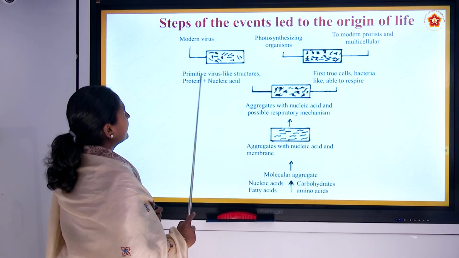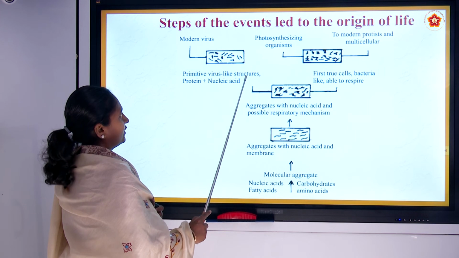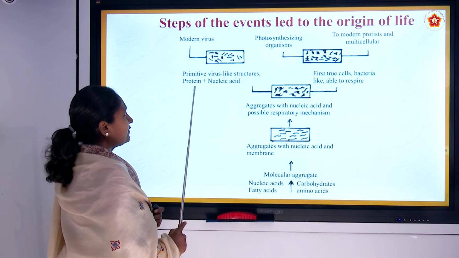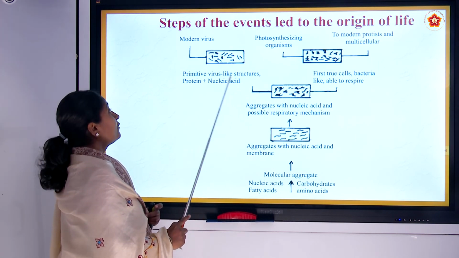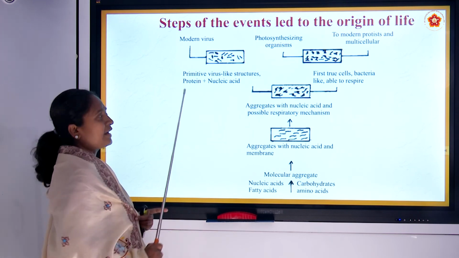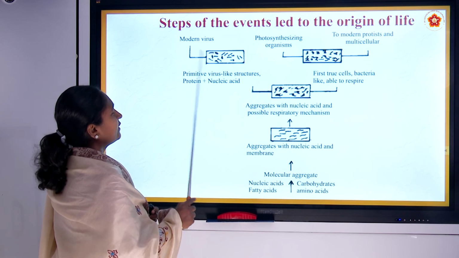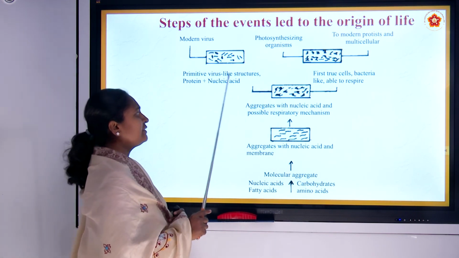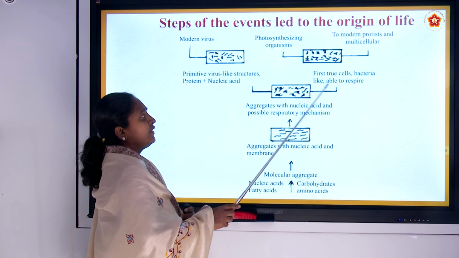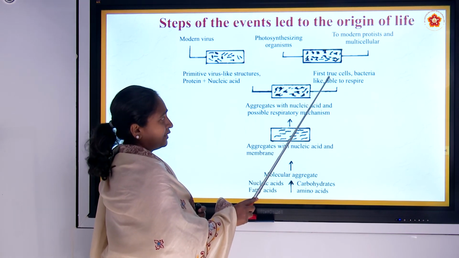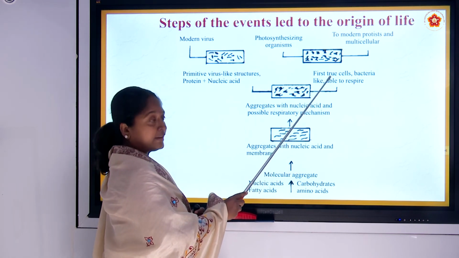From that, what happened? Primitive virus-like structures started evolving. They had just protein and nucleic acid. From that, the modern viruses started evolving. That we can see from the evolution. Then true cells started forming in the environment.